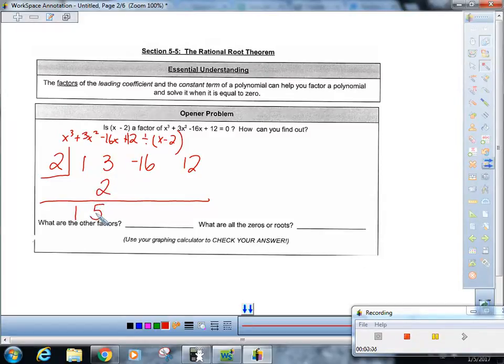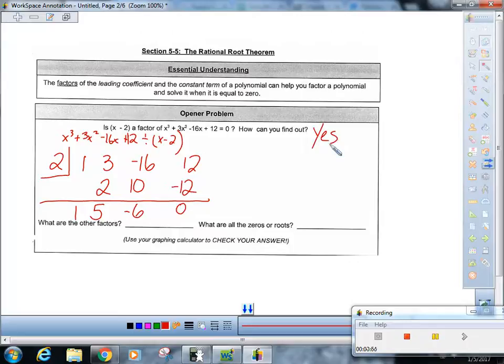Multiply. So what am I going to write down here? A 10. Very good. And what's negative 16 plus 10? And what's 2 times negative 6? And what's 12 plus negative 12? So, what's the answer to the question? Is x minus 2 a factor? Yes.